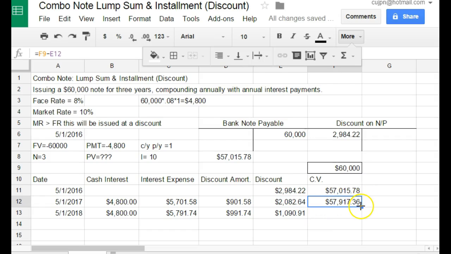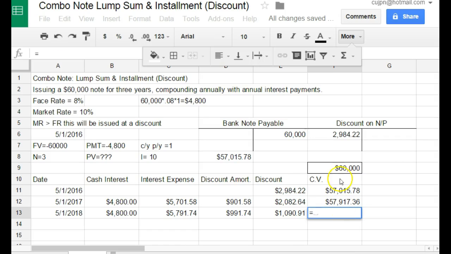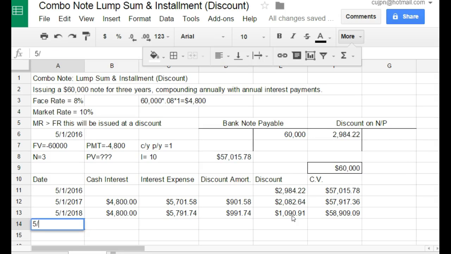So now my new carrying value, it's showing me an error here, so let me just fix that real quick. My new carrying value is going to be that cell minus this cell, and I get my new carrying value of $58,909.09. So now when I go into the last year, I'm going to be off by a penny here probably on rounding, but you'll see what happens here at the end.